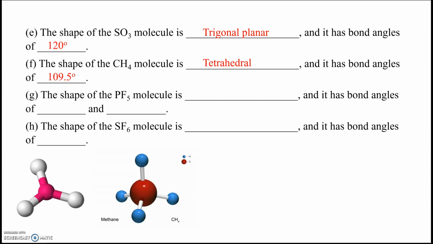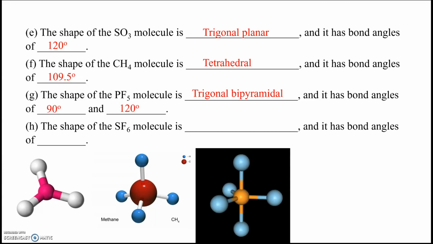When we look at phosphorus pentafluoride, the shape of this is trigonal bipyramidal. And this has bond angles of 90 and 120, and we can see that when we look at the picture. All right, the phosphorus is in the middle, the 5 fluorines are in blue, 3 of them are arrayed in a planar fashion, in a triangle fashion around the center.